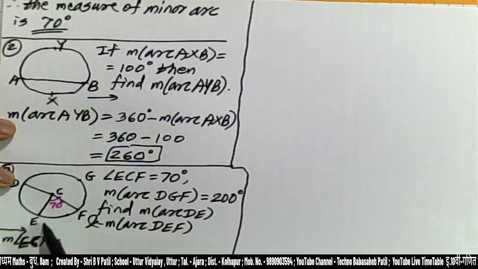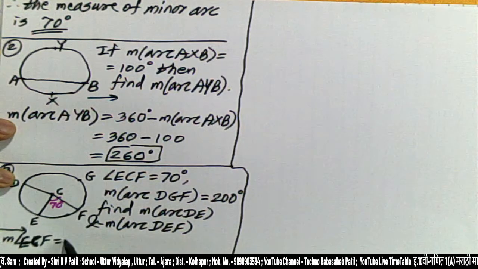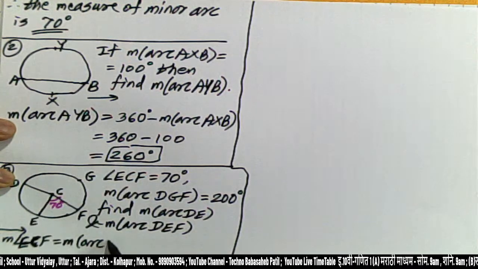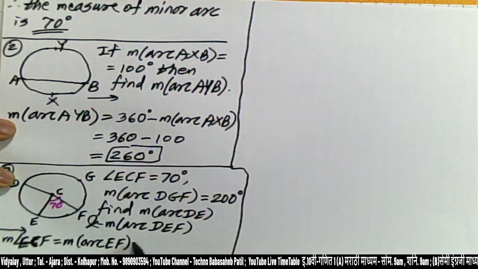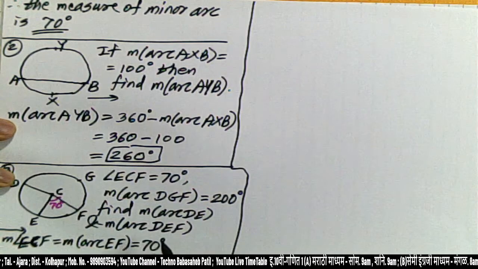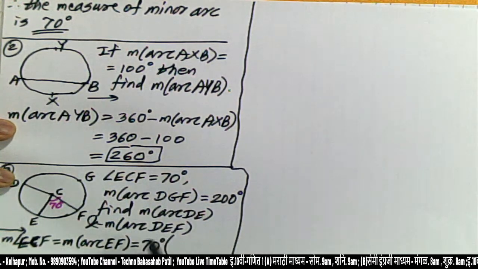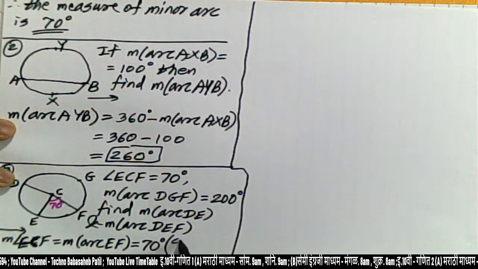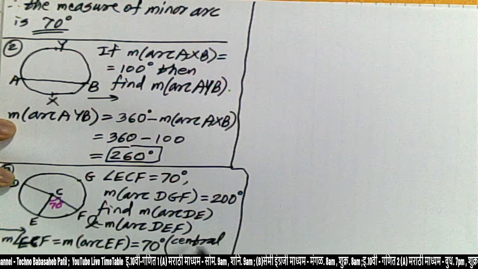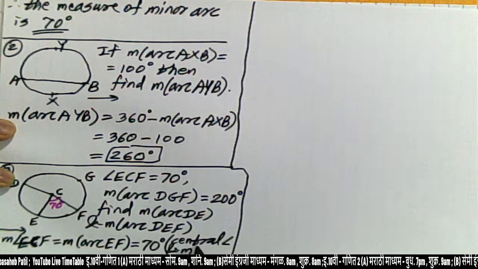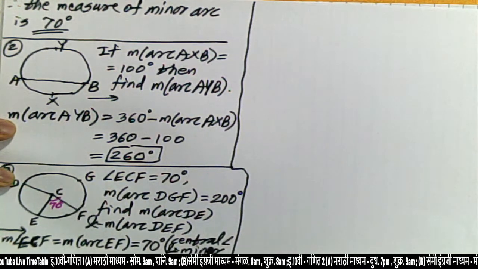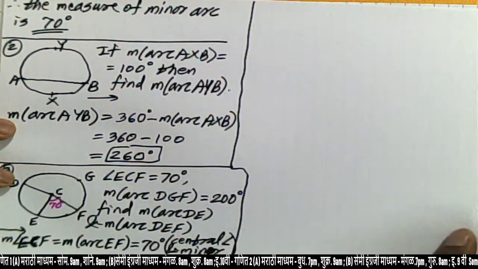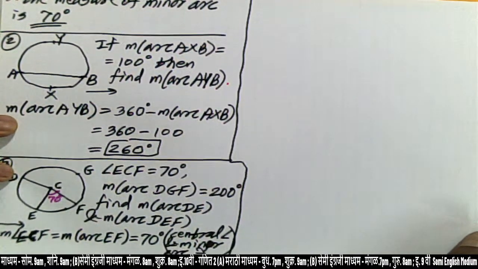Central angle and minor arc are congruent, so it is equal to the measure of arc EF. Both are similar, that is 70 degrees, and the reason is central angle and minor arc are congruent. That reason we write here.